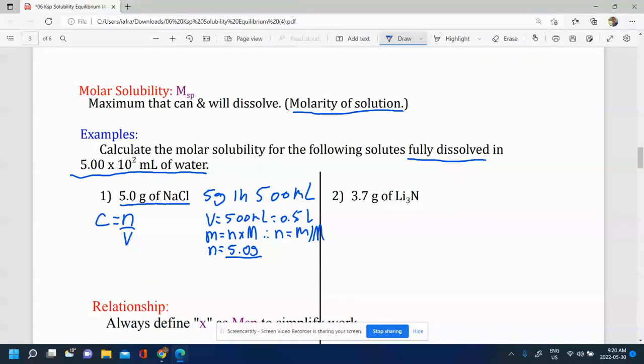The molar mass you can calculate using the periodic table, and if you don't remember how to do that, you can go back and do some grade 11 review. So we have 22.99 for sodium plus 35.45 for chloride, and that gives us 58.44 grams per mole.